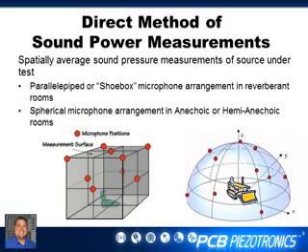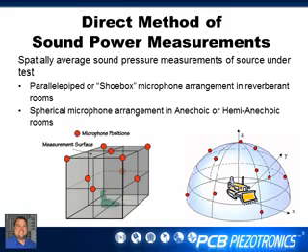Specifically for diffuse field methods, when you're in a reverberant room, the microphones are set up in a parallel pipette or shoebox arrangement because you just want a good distribution of the sound pressure measured over various places in the room.